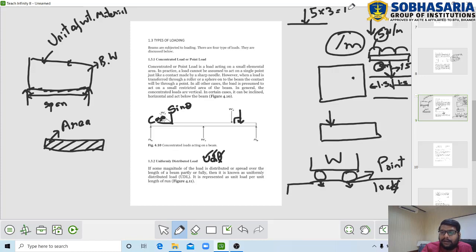So, in this way, in problems you can simplify a UDL to a point load so that the calculation will be easy.